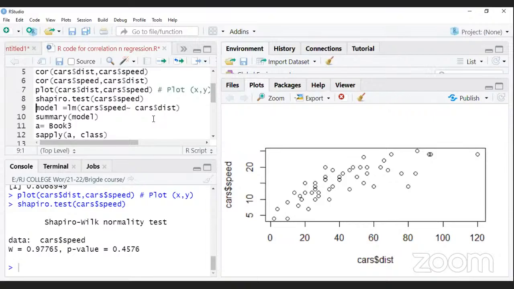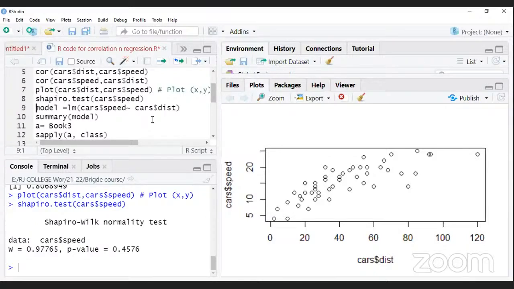Okay. So the Shapiro normality test says your H0, which you are assuming, also known as the null hypothesis, is that your data is normally distributed. Okay, remember. Now, how do you remember this?